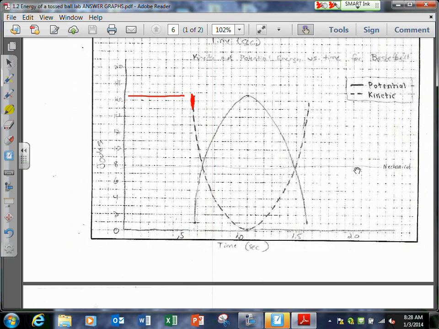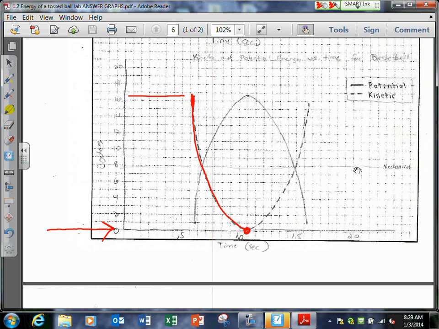And then it'll get less and less in a parabola form. And then right down here is our lowest kinetic energy, and that's a 0 point. So that's going to be at the top of the throw when there's 0 velocity.